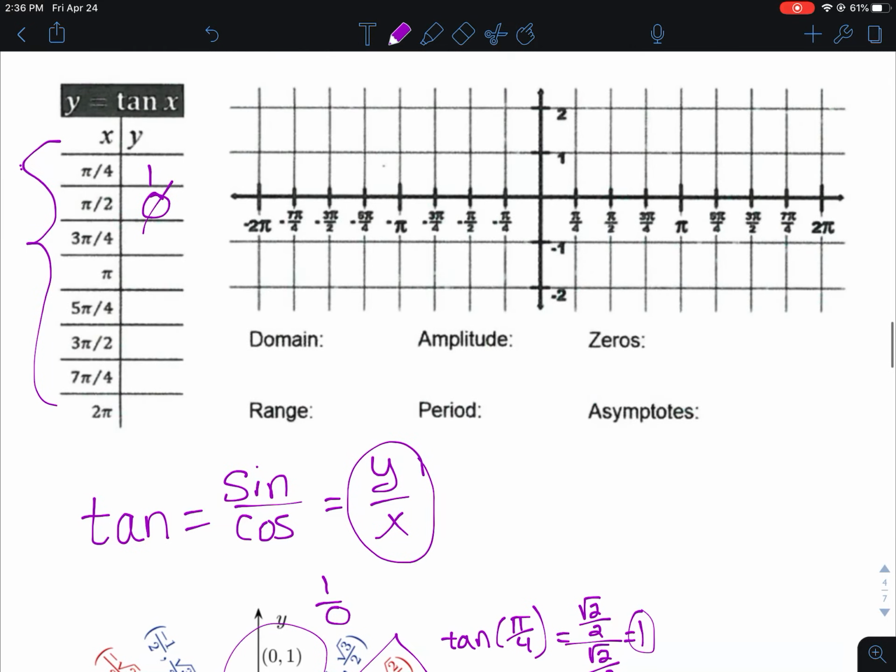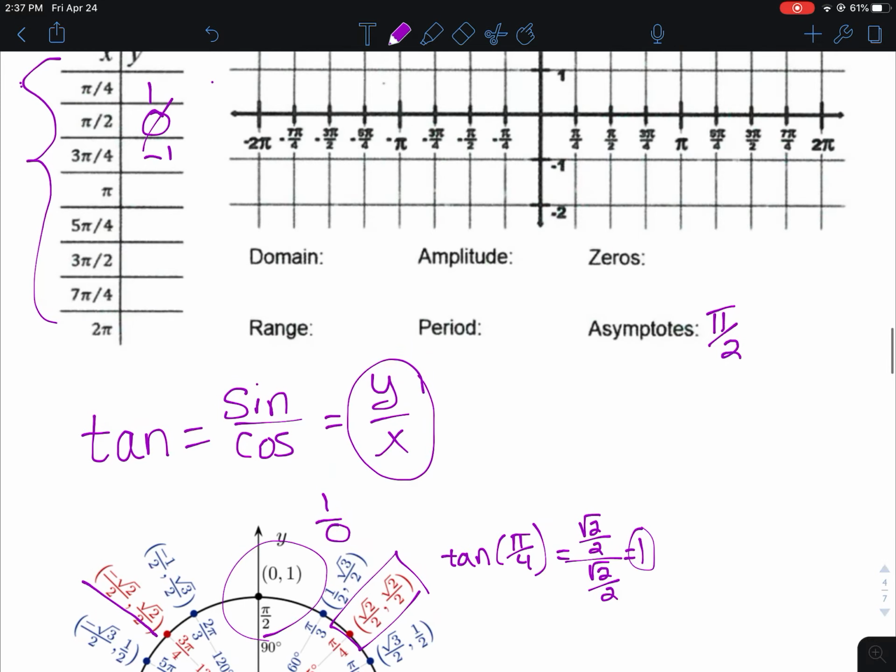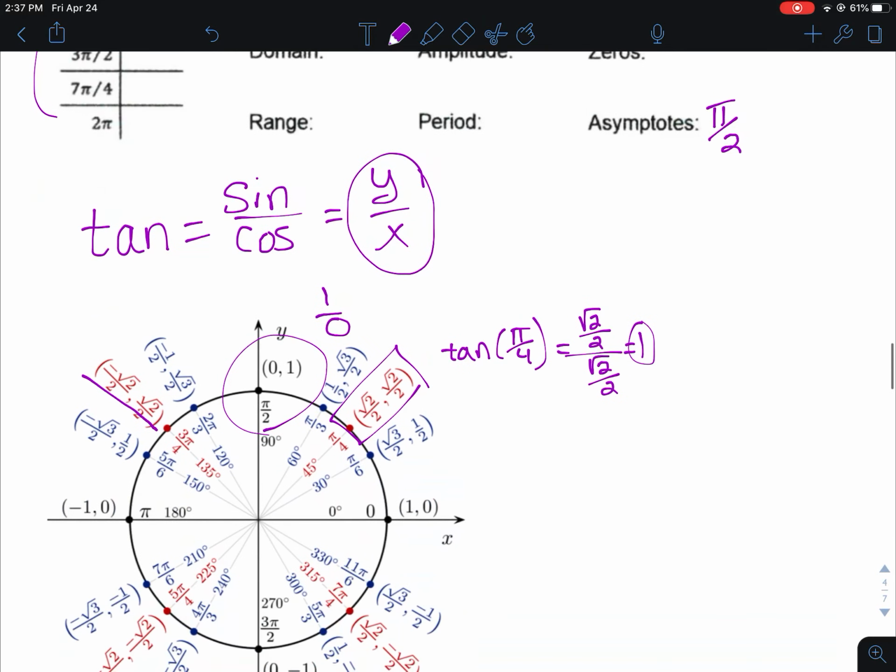What do you think it looks like on our graph when we get a spot that's undefined? Remember, we have a few options. You can have a hole in your graph or an asymptote. In this case, anything that you see that's undefined is going to become an asymptote. So we know we have one at pi over 2. At 3 pi over 4, we have negative square root of 2 over 2 and square root of 2 over 2. When we divide those, we're just going to get negative 1.